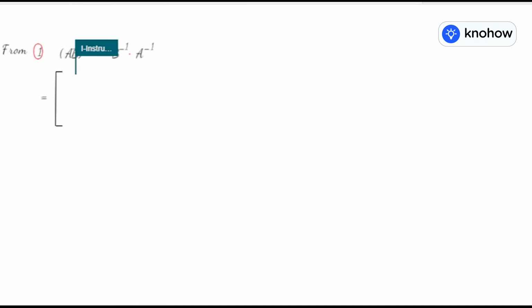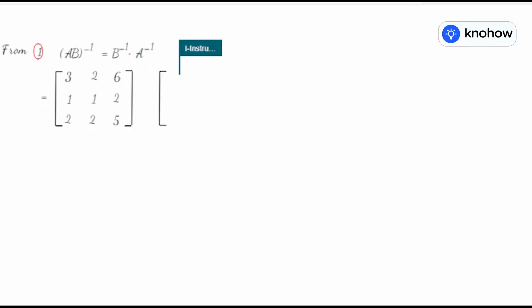It is 3, 2, 6, 1, 1, 2, 2, 2, 5 multiplied by A inverse. A inverse is already given to you. Just note it down from there. It is 3, minus 1, 1, minus 15, 6, minus 5, and the elements of the third row are 5, minus 2, 2.